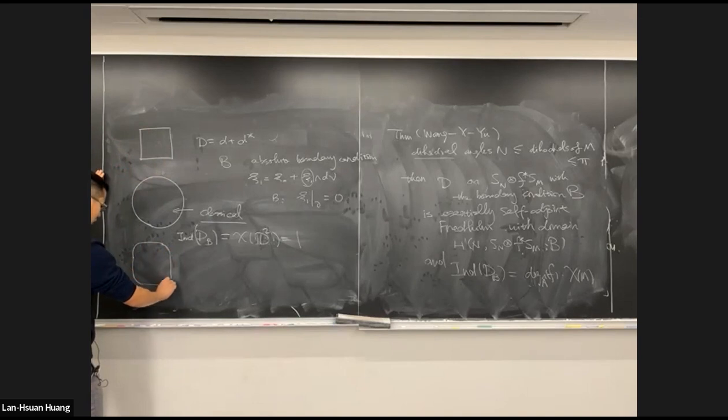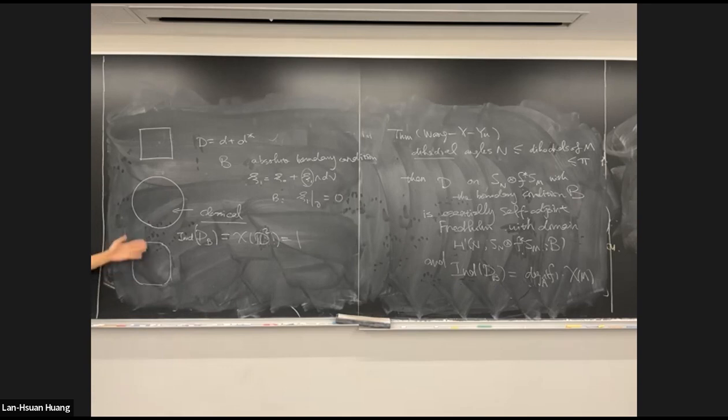You smooth it out, something like this. But that's good enough, it's a smooth object now, so it's the same computation that gives you index 1. So the difficulty is, how do you make sense of going from here to here? And that's what we're going to do.